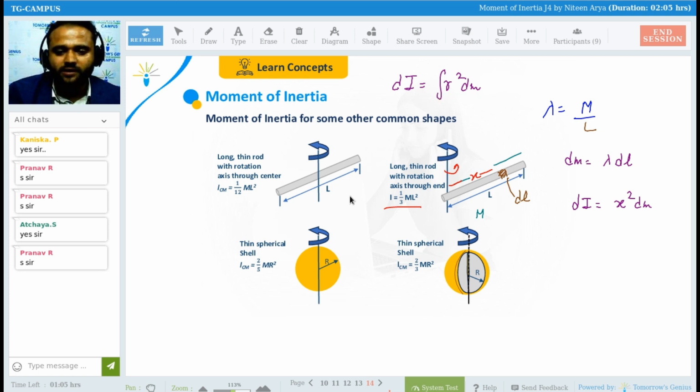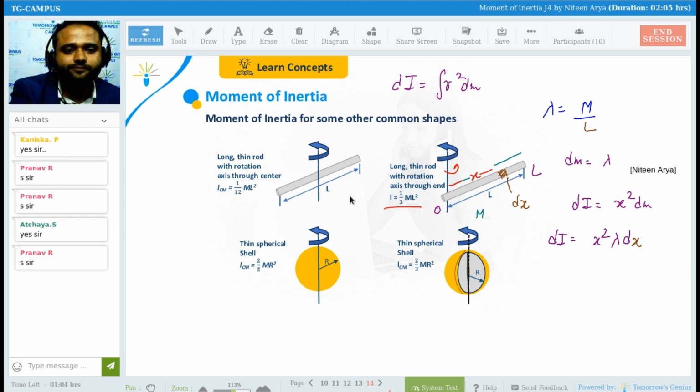Here the limit is from 0 to total length L, and this is x. So for this small element, dI is nothing but x square rho dl, or rho dx if I use the x system. This is the small length element dx, so that is simply rho dx.